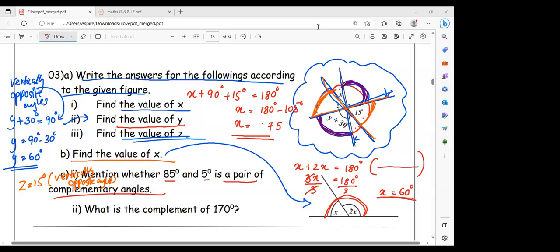Dasiti, is it correct? Yes, madam. Yes, it is correct because when the sum of a pair of angles equals to 90, that means it is a pair of complementary angles.